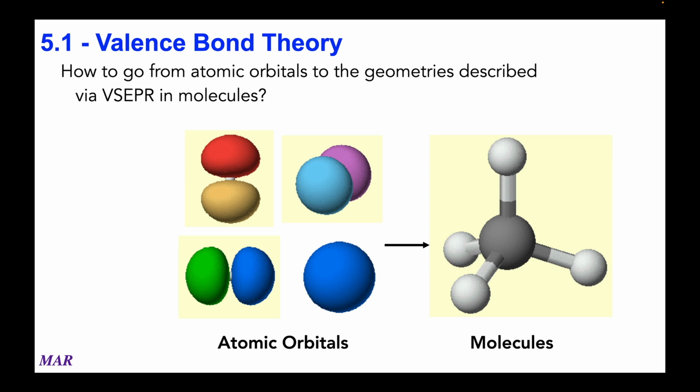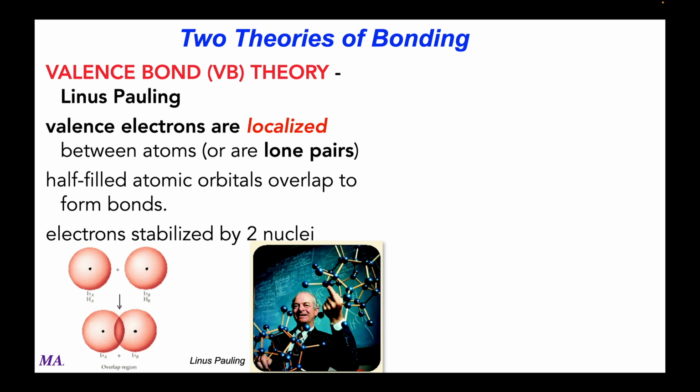Both of the main theories we're going to talk about attempt to answer this question in their own way. The two main theories of bonding used in chemistry: the first one's called valence bond theory. Valence bond, or VB theory, was first proposed by Linus Pauling, who was actually one of the great Oregon chemists. Pauling went to Oregon State University before going on to get his PhD and lots of stuff. He's a fascinating person.